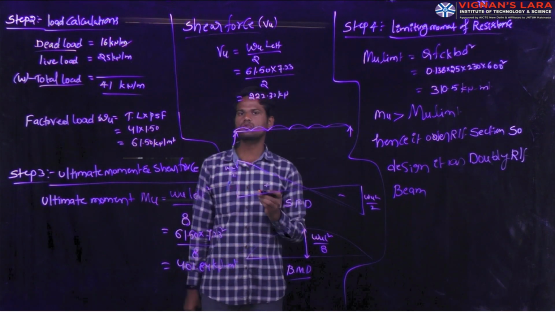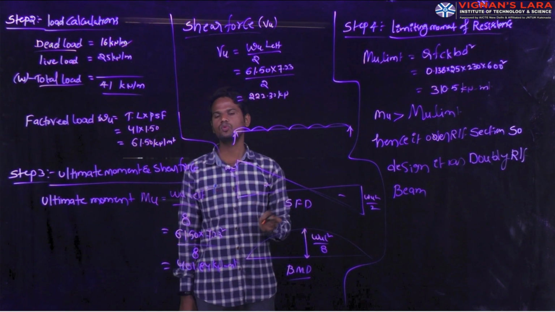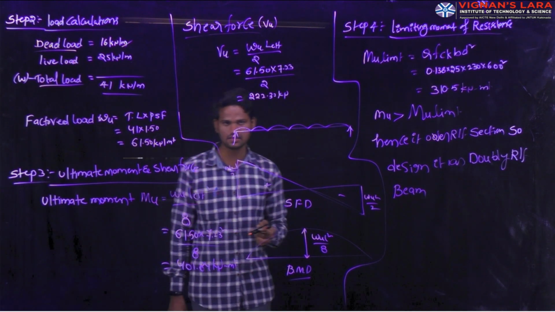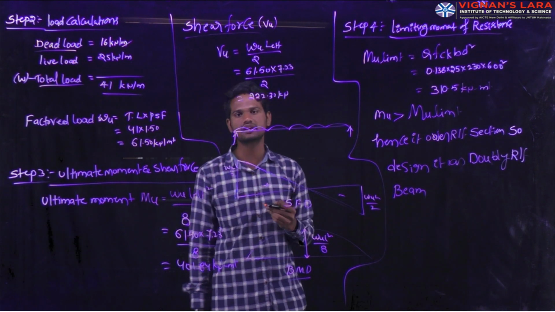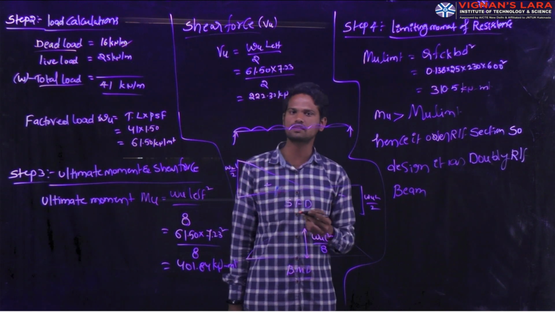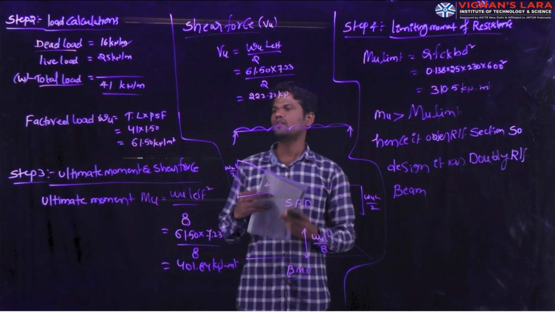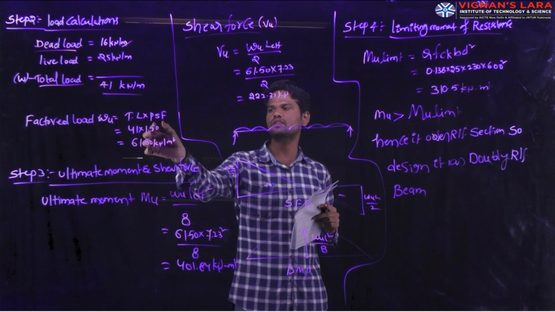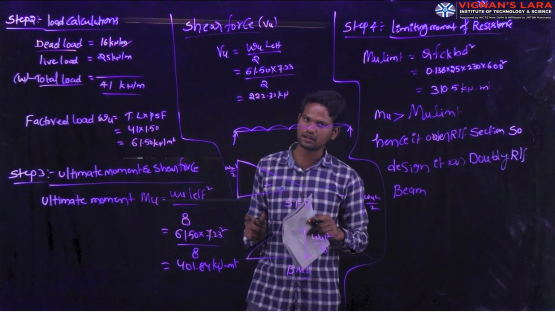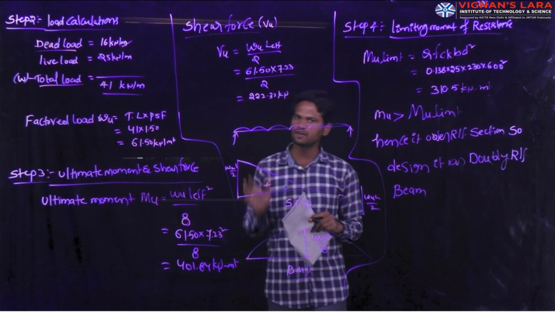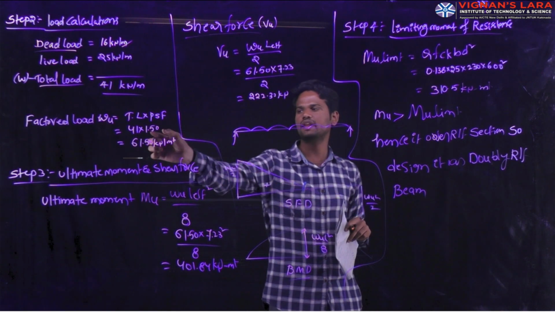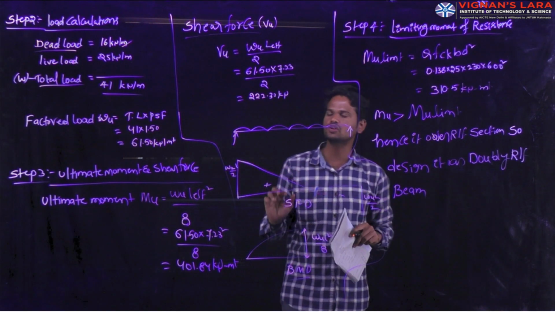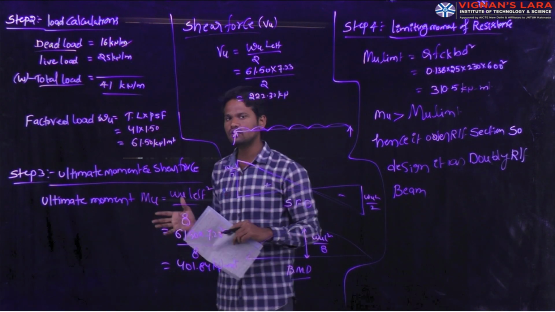For the limit state of collapse under flexure we have some partial safety factor values, as well as for the limit state of serviceability we have other partial safety factors. For our present condition, we take the partial safety factor for the limit state of collapse under flexure, hence we take this value as 1.50 for both dead load and live load.